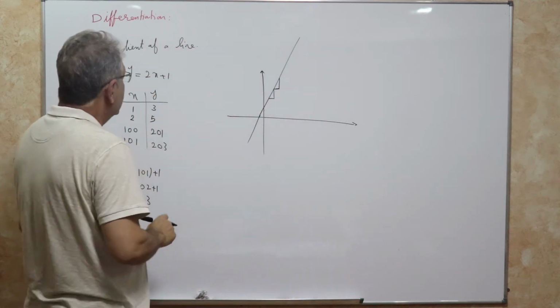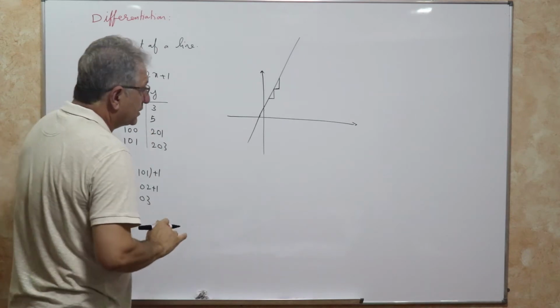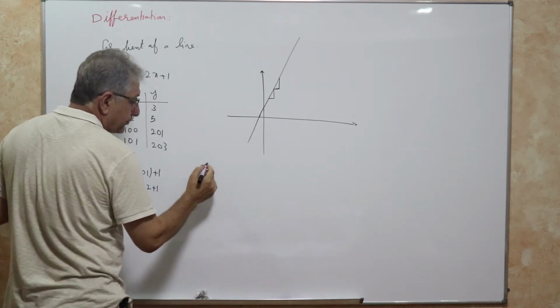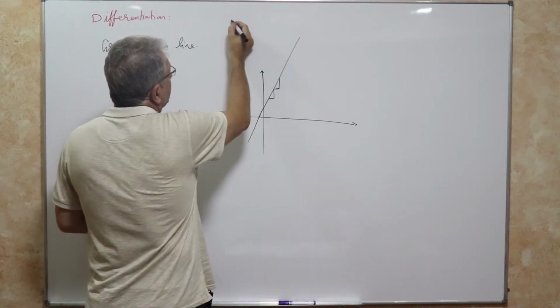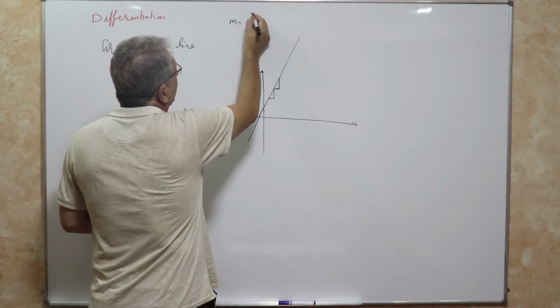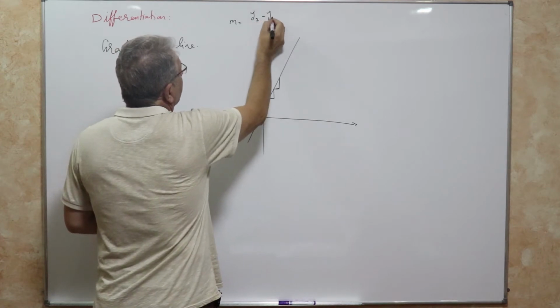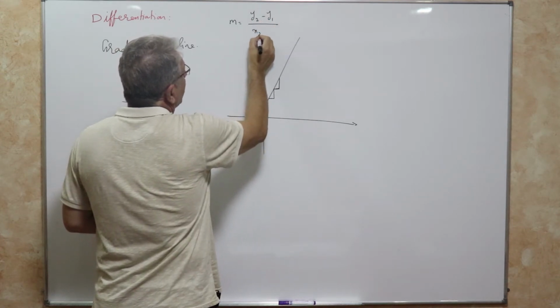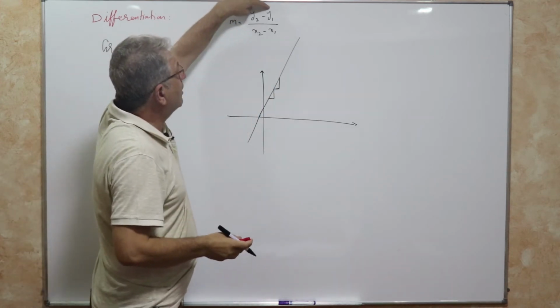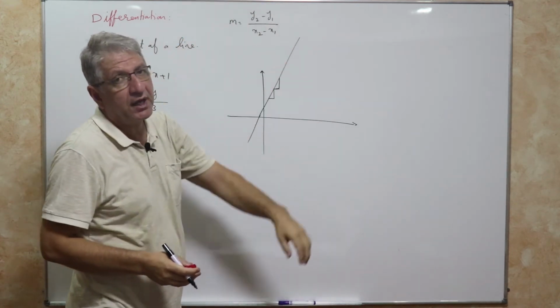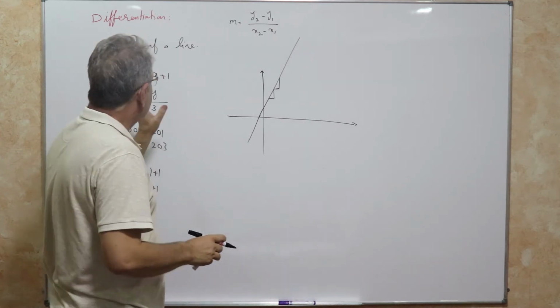That is why the definition of the gradient of a line, the formula, is: if you denote the gradient by m, m is equal to y2 minus y1 divided by x2 minus x1. Remember that it is the difference of y divided by the difference of x. So this is the gradient of a line.